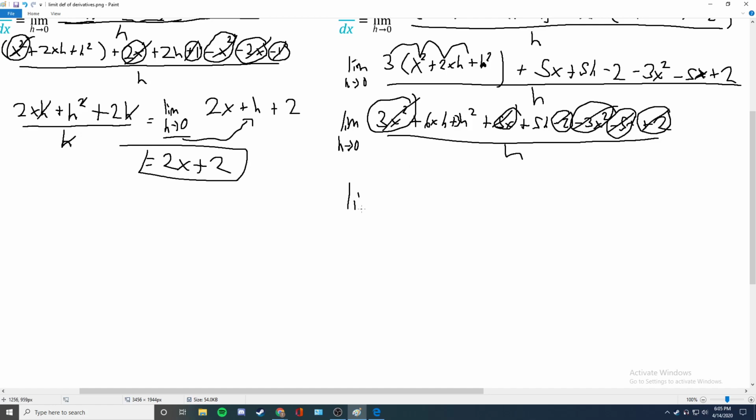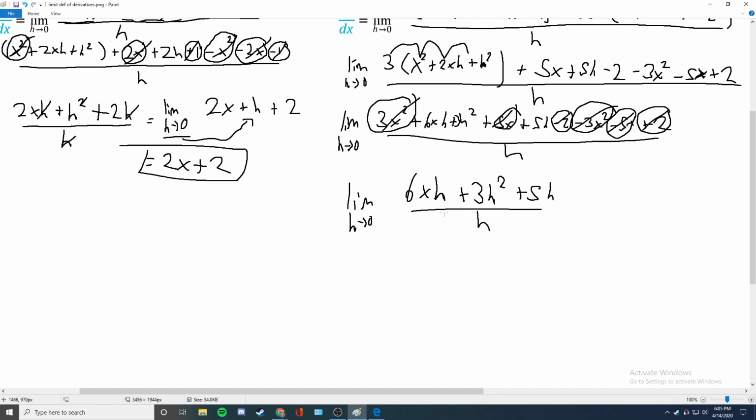So we're left with the limit as h approaches 0 of 6xh plus 3h squared plus 5h, divided by h.